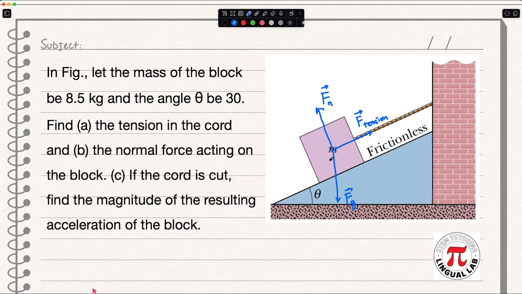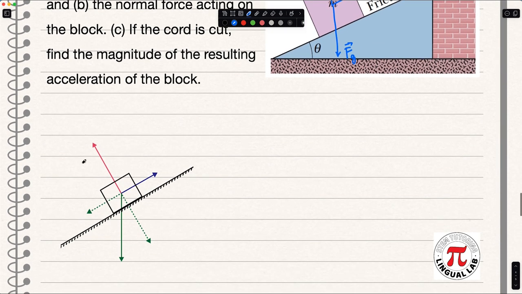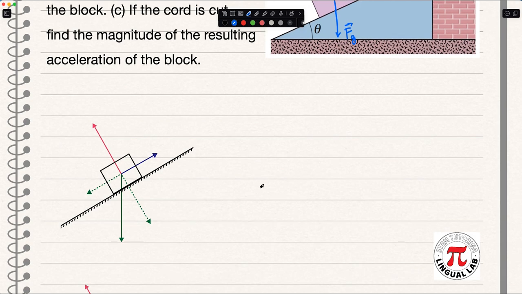I draw a free body diagram here on the bottom. Here's the free body diagram. This one is the normal force, and the normal force is always perpendicular to the surface.